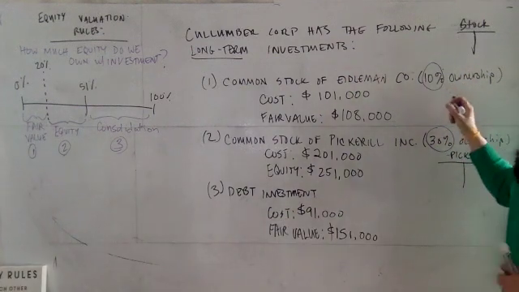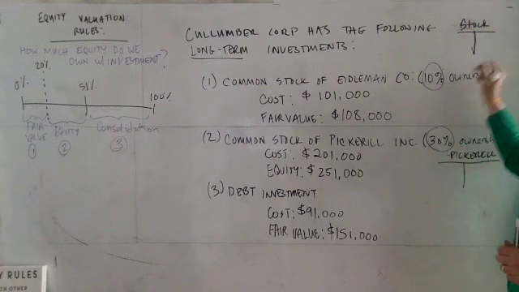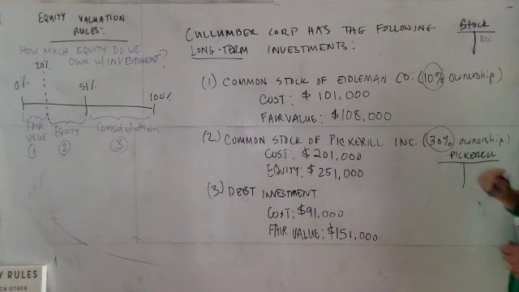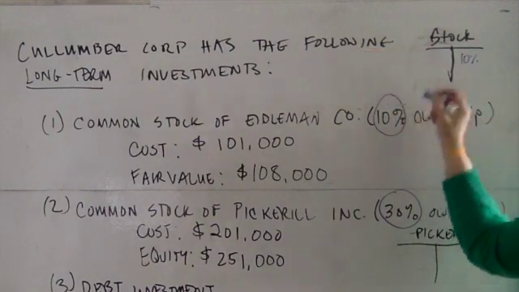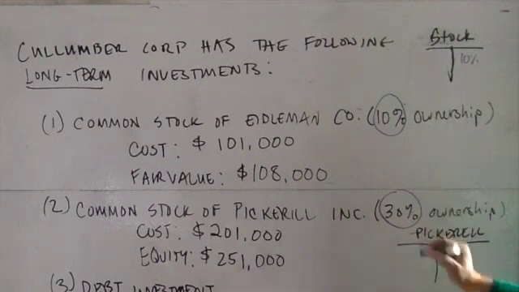What this is saying is that Cullenber's investment in Idleman accounts for 10% of their stock. So Cullenber owns 10% of Idleman Company. Cullenber owns 30% of Pickerel Inc. So 30% over here.